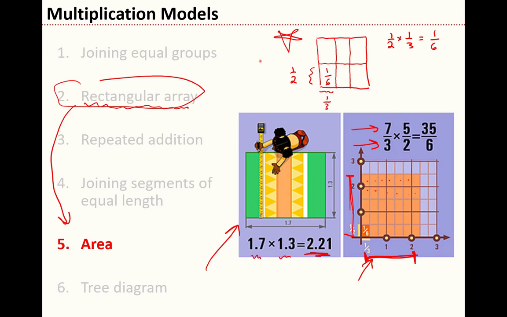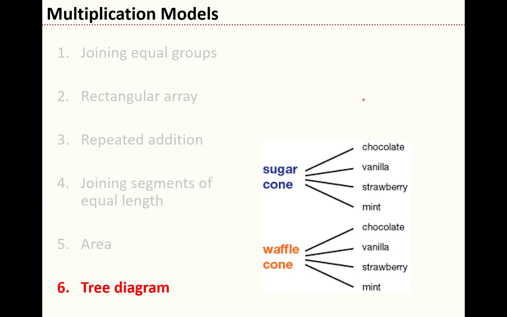Okay, our last model is the tree diagram. Often we're faced with choices or combinations, and in situations where I have choices or combinations, that's when a tree diagram is often useful. Suppose you go to the ice cream store and you have 2 choices of cone and you have 4 choices of flavor.